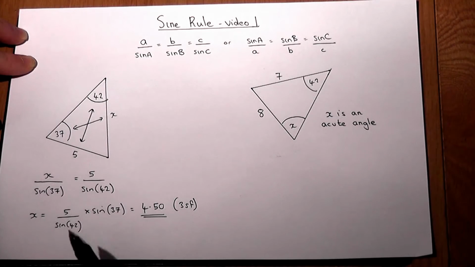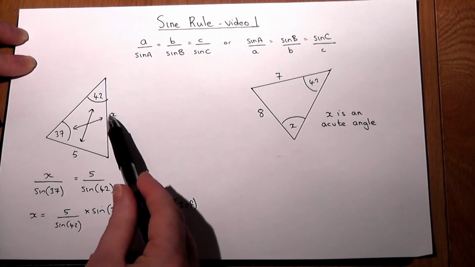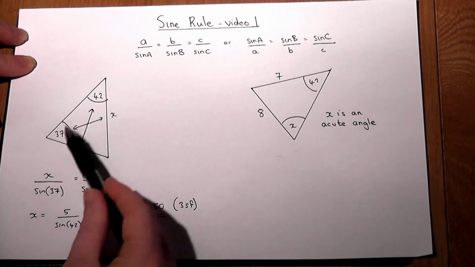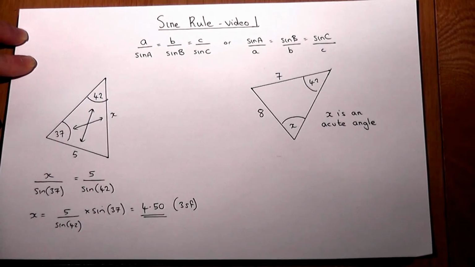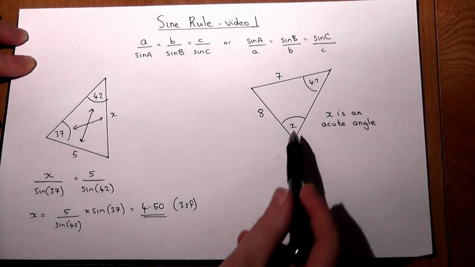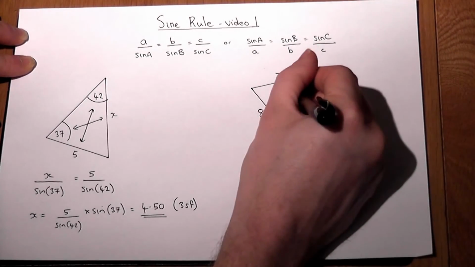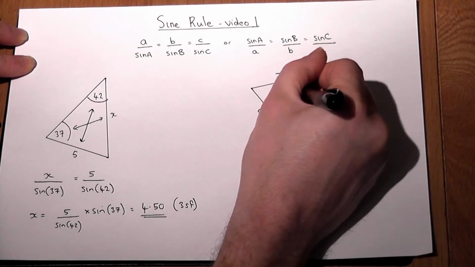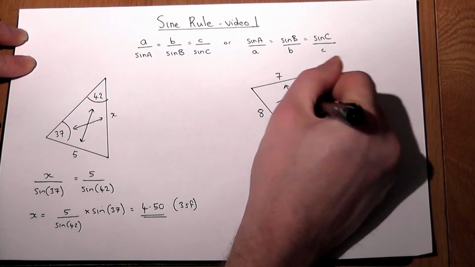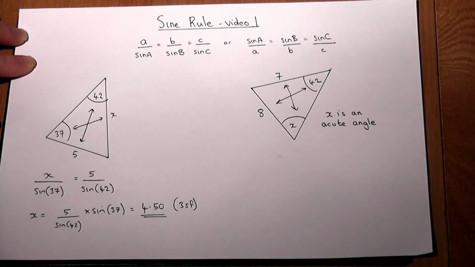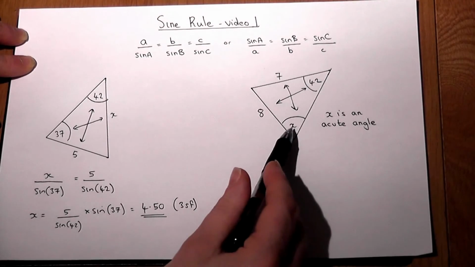So the sine rule can be used to find out a missing side, as long as we have pairs of sides and angles that are opposite. We can also find missing angles. So in the second example, we still have the angles and sides pairing off. But we want to find an angle.